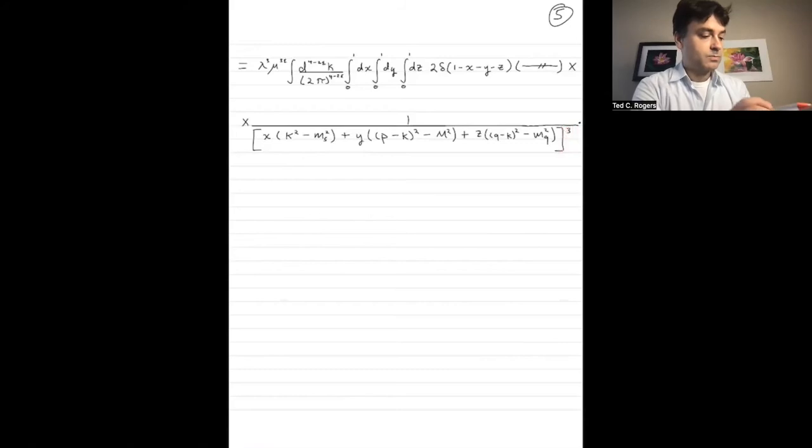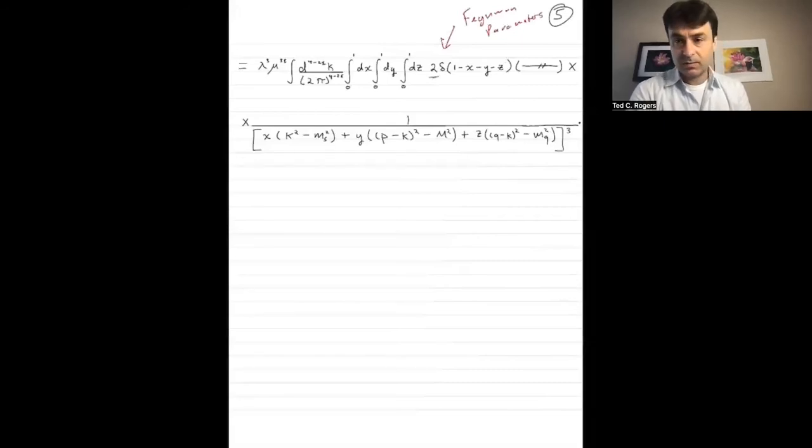So view Feynman parameters here. Note the factor of 2 because we've got 3 denominators now here, and the delta function that sets x plus y plus z equal to 1.